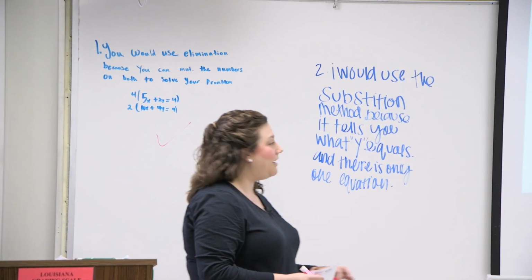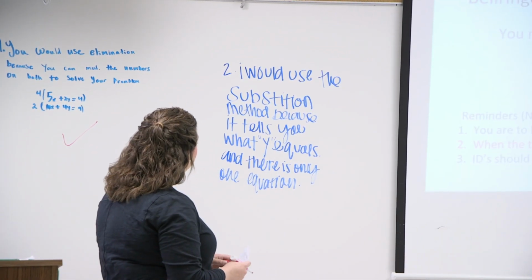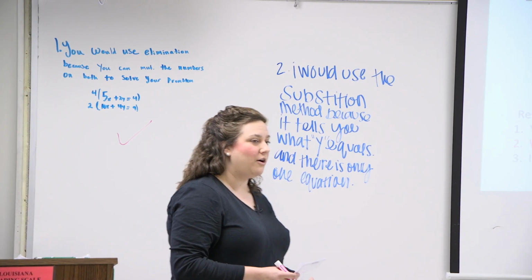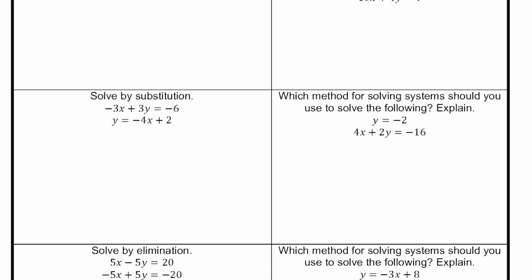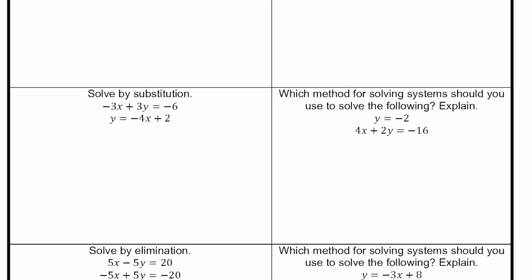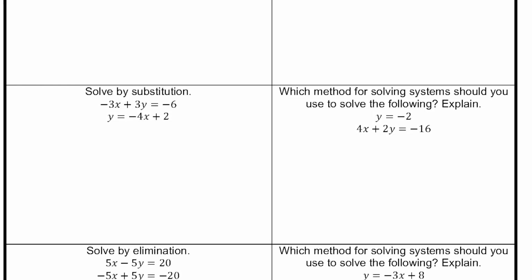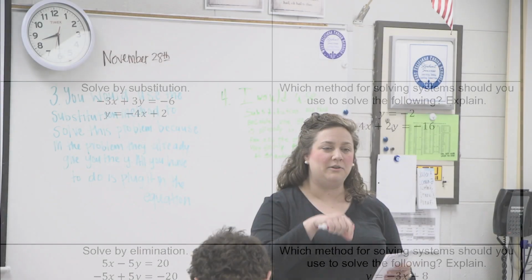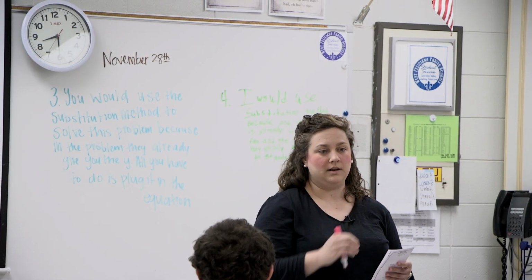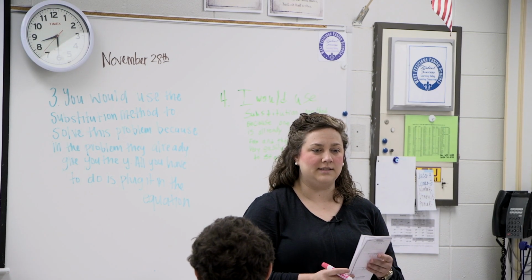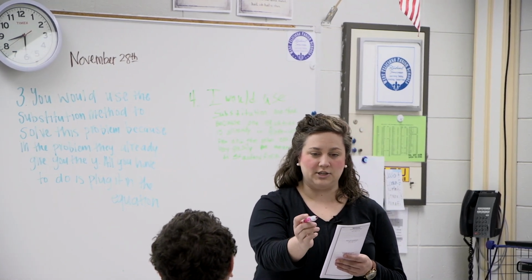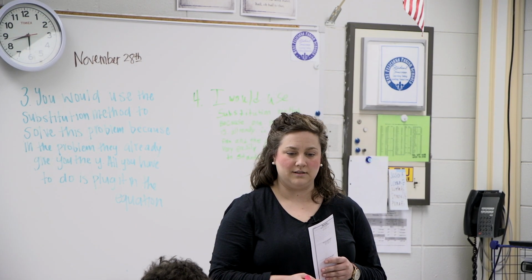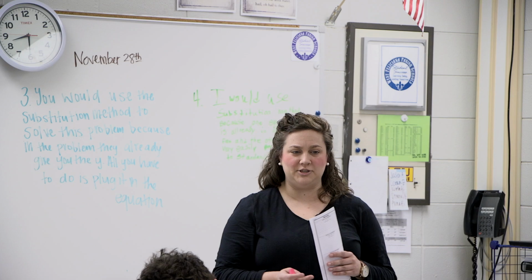Okay, and then Kyra said she would use substitution on number 2 because it tells you what y equals, and there's only one equation. I'm kind of confused about that. There's only one equation? No, but, okay, what is the other equation in what form? In standard form. So, Micah, do you agree with Kyra? Not really? What did you say?